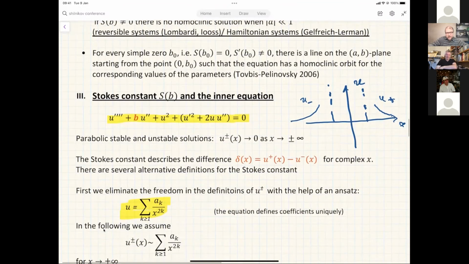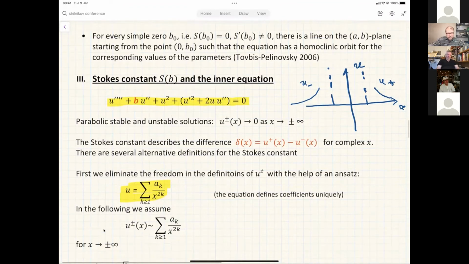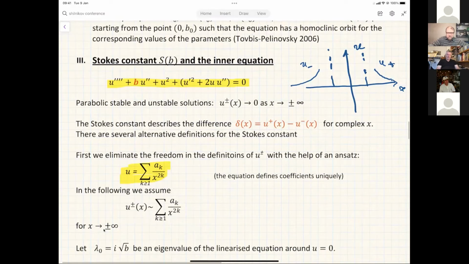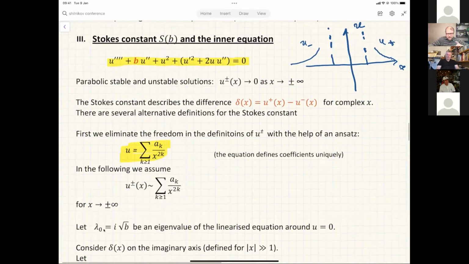And then we can assume that both u plus and u minus are asymptotic to the same series, one for large positive x, the other for large negative x. And that fixes the solutions uniquely. Now, let us introduce the eigenvalue of a linearization, for future use.